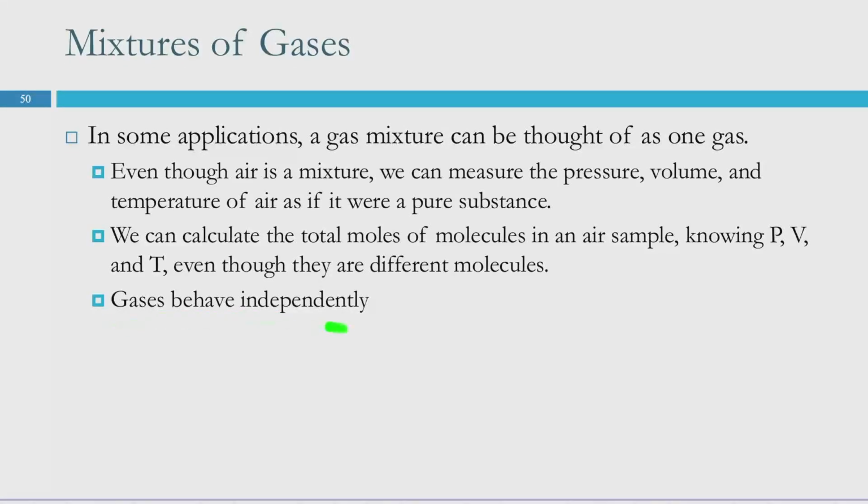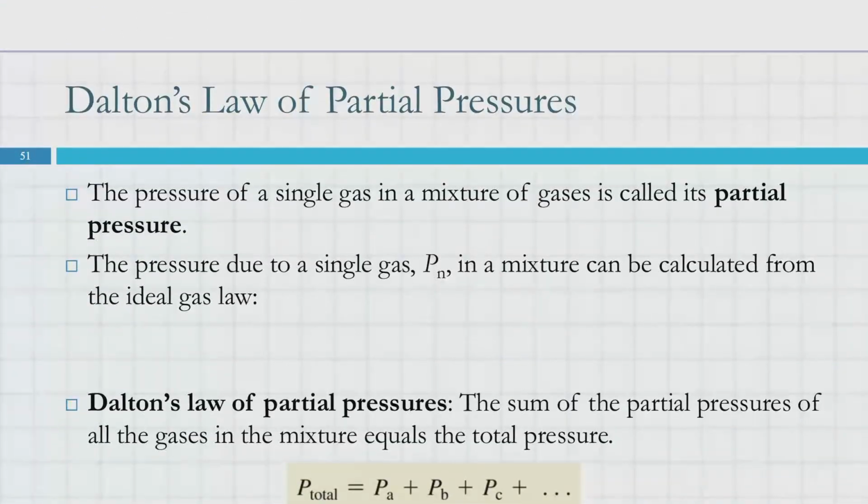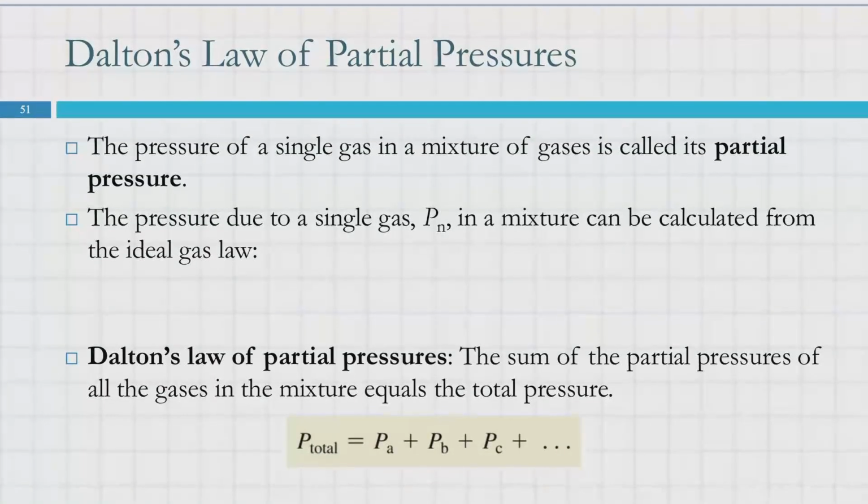So even though these gases behave independently, even though they're separate gases and they're all mixed together, we can just treat the whole thing as one mixture, which is really convenient for us. And so if we're in a situation where we can treat all the gases basically as the same gas, where our ideal gas law holds firm, the pressure of a single gas in the mixture can be figured out.